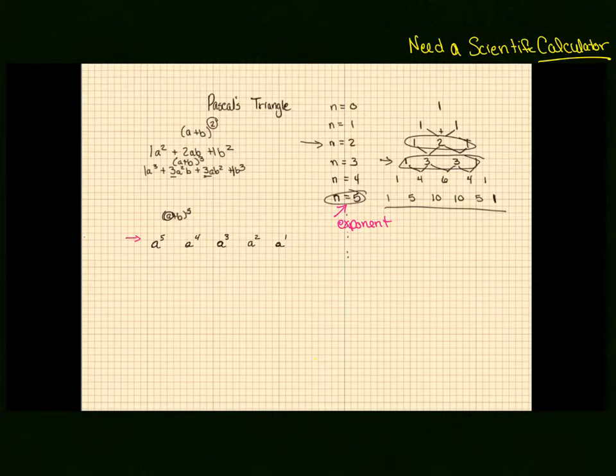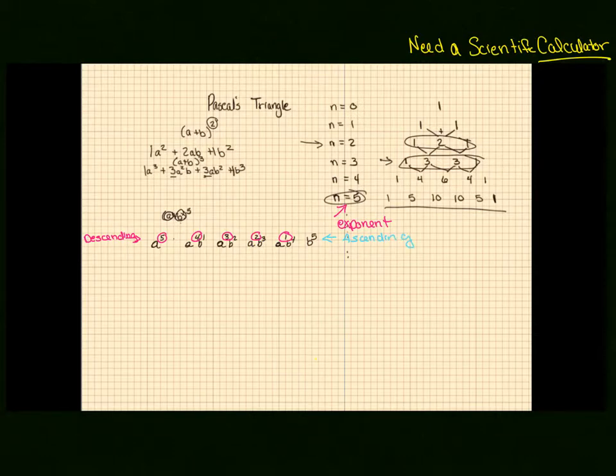Then with my b, since that's the second term in my binomial, I'm going to start with it on the right side of my equation. So I've got b to the 5th, b to the 4th, b to the 3rd, b to the 2nd, b to the 1st, and then b to the 0, which is also 1.